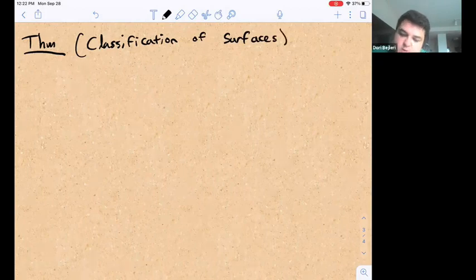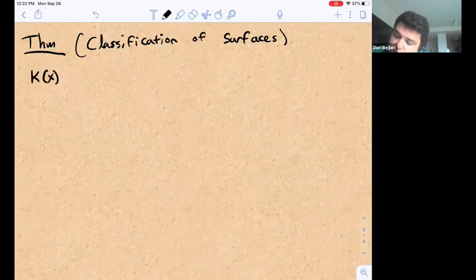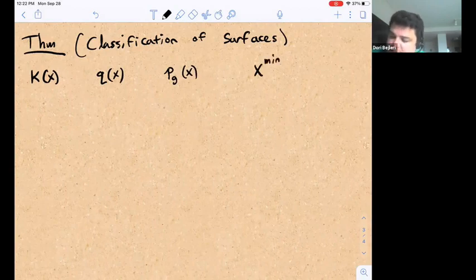So let's make a table with the Kodaira dimension, the irregularity, and the genus. And then over here, we'll write what the minimal model looks like, or what a minimal surface that we get after blowing down all -1 curves looks like.